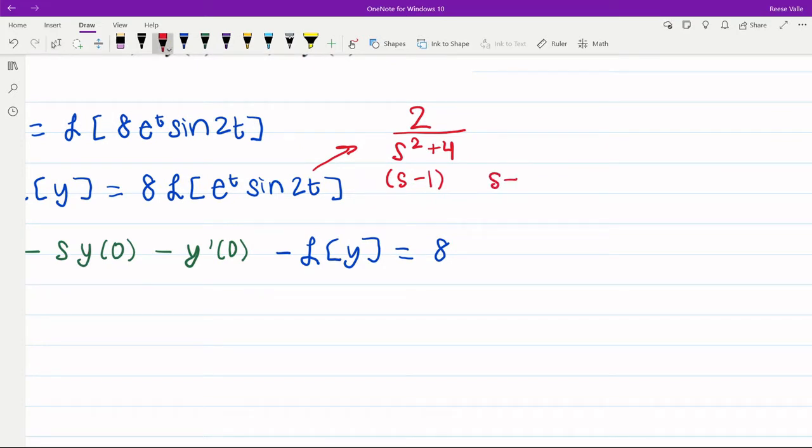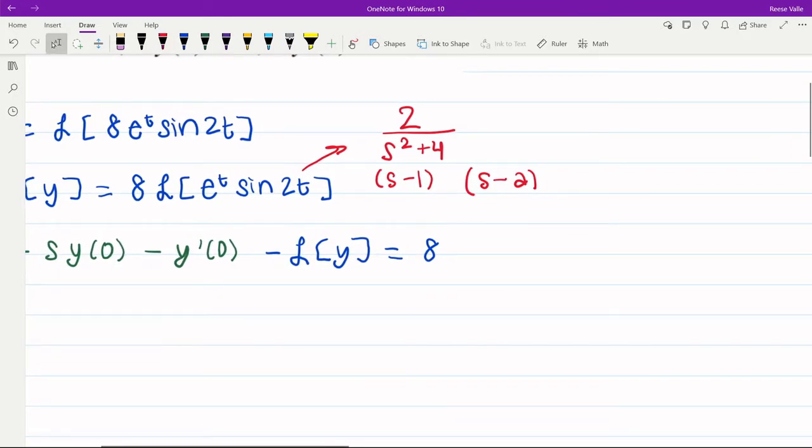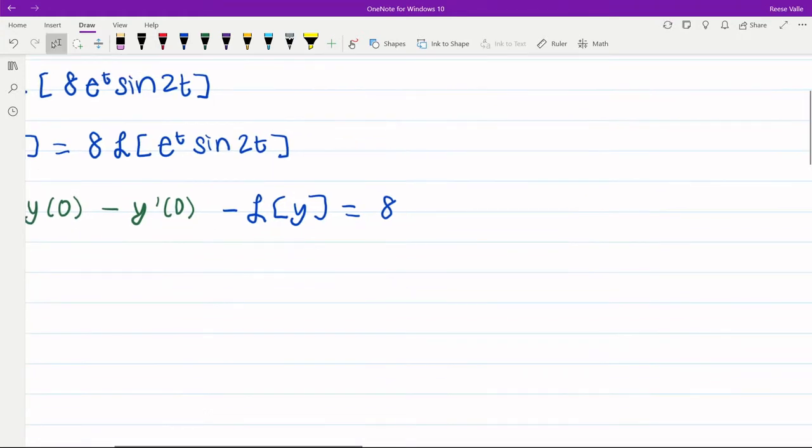It's just s minus whatever number is by the t, so technically it's just 1. So we're going to rewrite this over here as 2 over (s minus 1) squared plus 4.